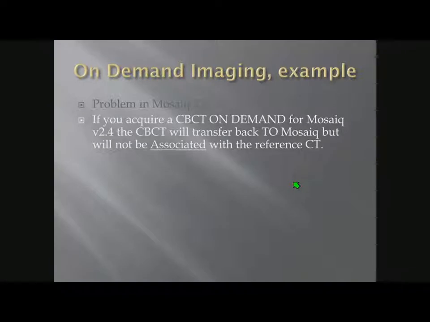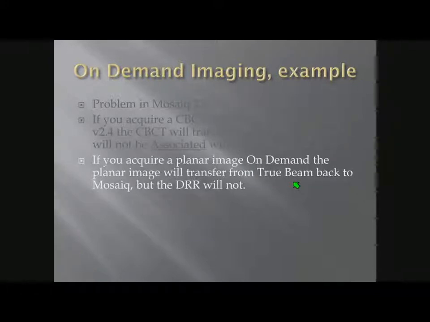But in version 2.4, if you acquire a cone beam CT on demand for Mosaiq 2.4, the cone beam CT will transfer back to Mosaiq but will not be associated with the reference CT. If you acquire a planar image on demand, the planar image will transfer back, but the DRR will not.